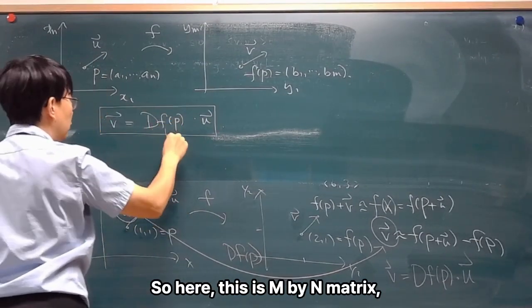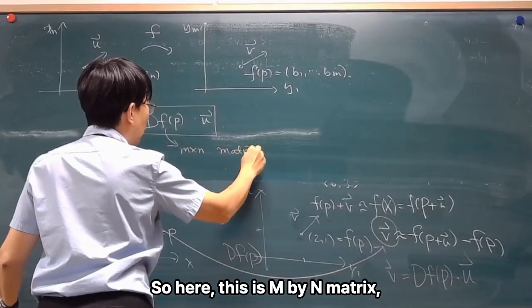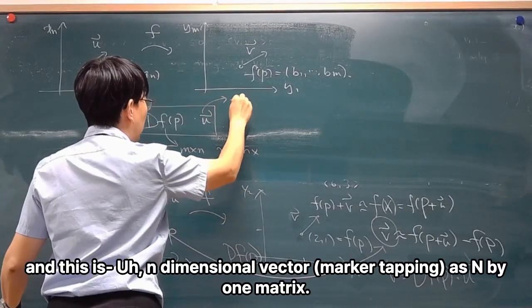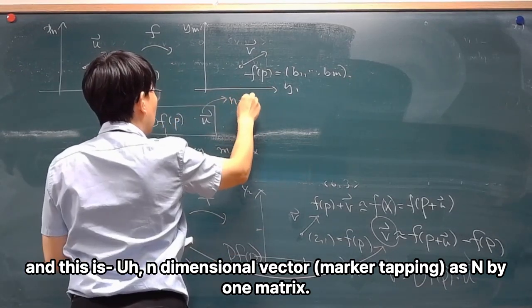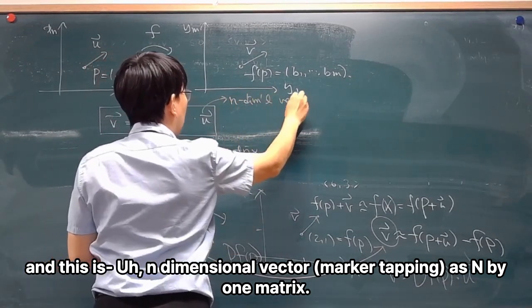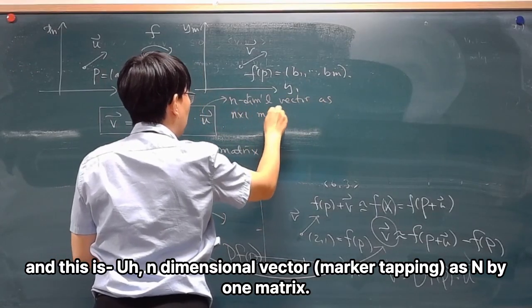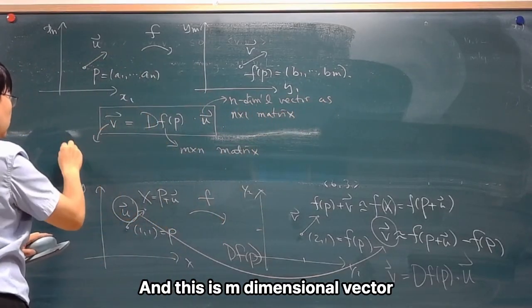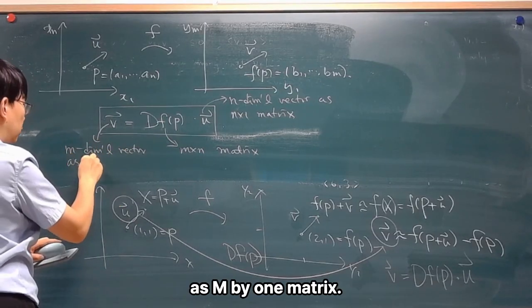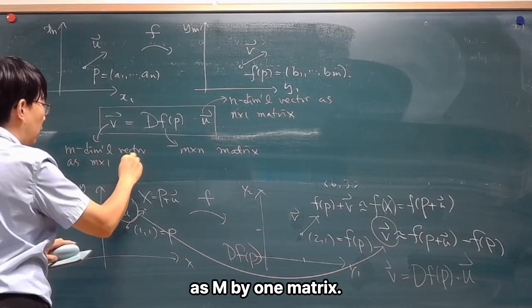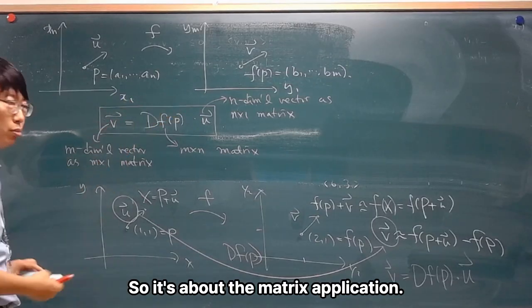Here this is an m by n matrix, and this is an n-dimensional vector as an n by 1 matrix, and this is an m-dimensional vector as an m by 1 matrix. So now everything makes sense. It's about matrix multiplication.